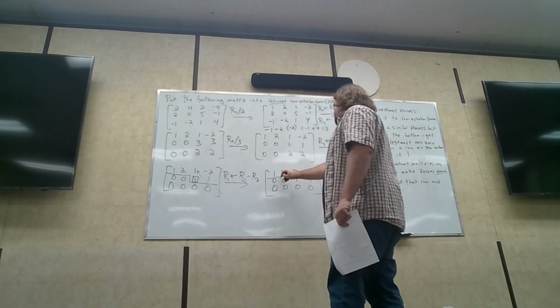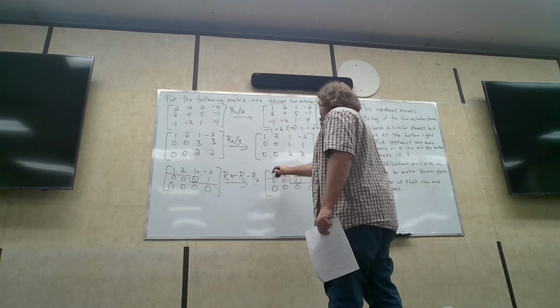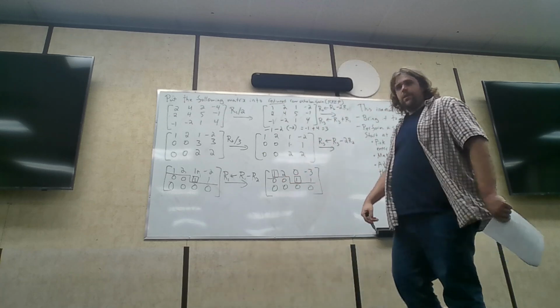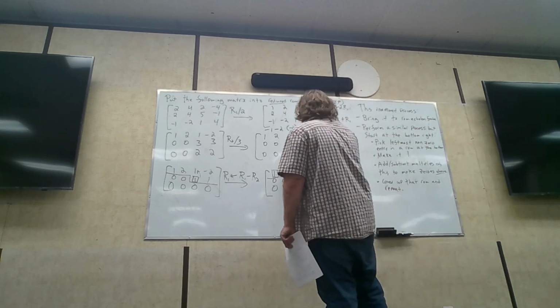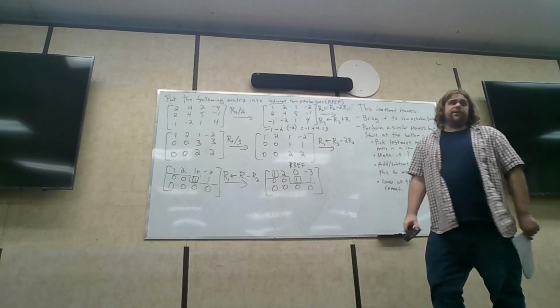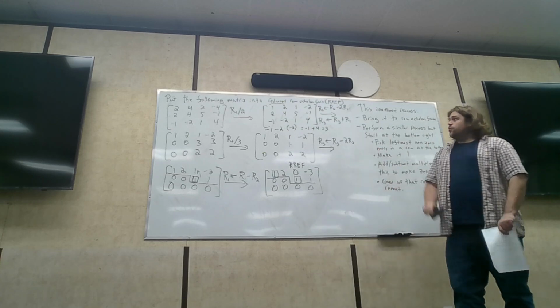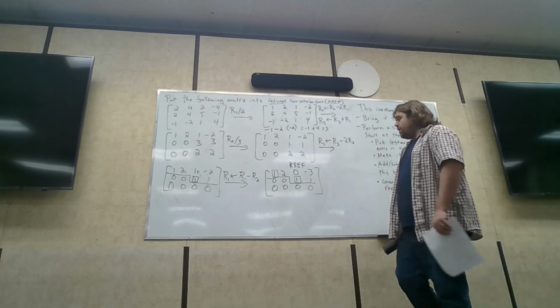And now we've got that nice staircase shape. We've got these, the leftmost ones, zeros above and below. So this is what's called the RREF of a matrix. And it is unique. That's why I started the conversation with the reduced row echelon form.